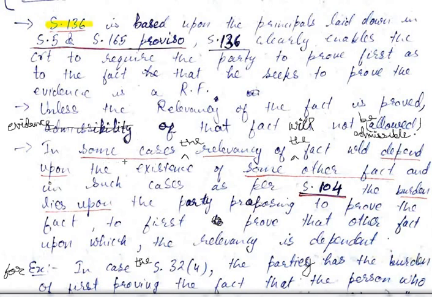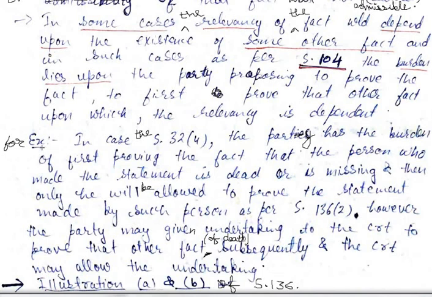In some cases, the relevancy of the fact would depend upon the existence of some other fact, and in such cases, as per section 104, the burden lies upon the party proposing to prove the fact to first prove that other fact upon which the relevancy is dependent.